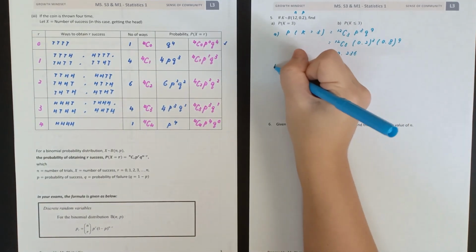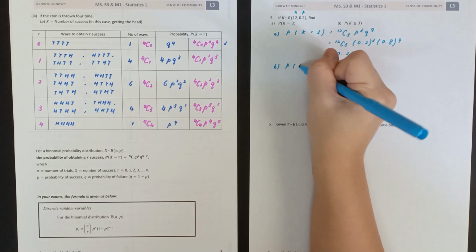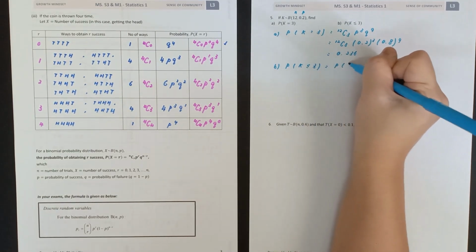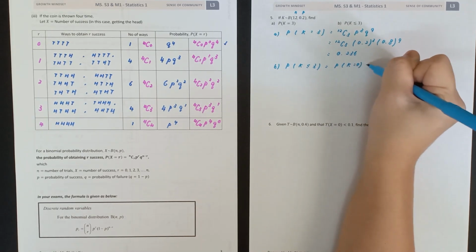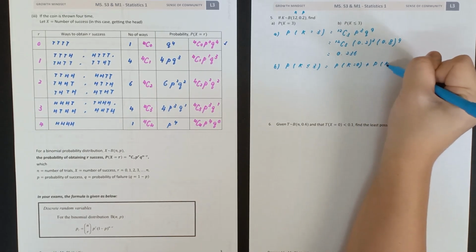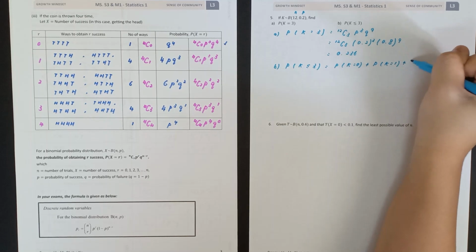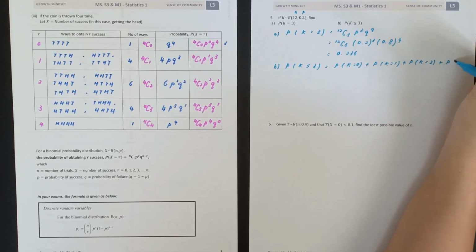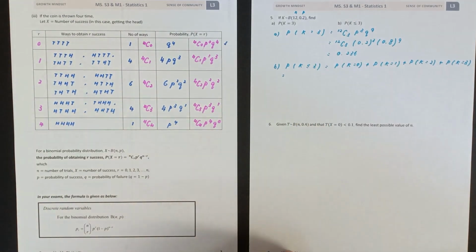Okay, so part B, probability for k smaller than or equal to 3. So it will be P(k=0) plus P(k=1) plus P(k=2) plus P(k=3). Now we try to expand it.